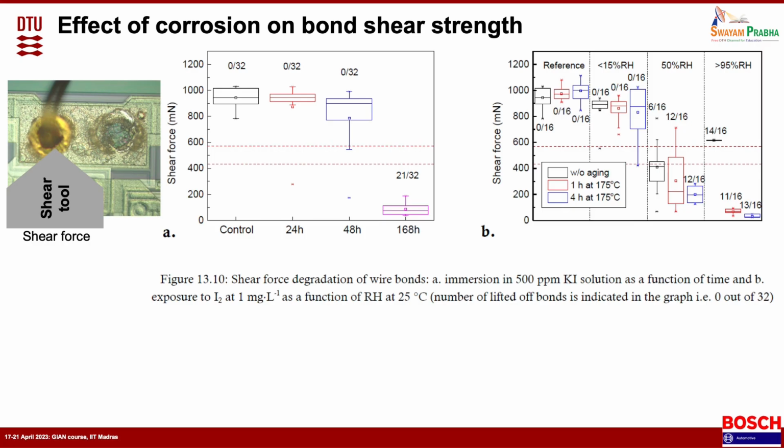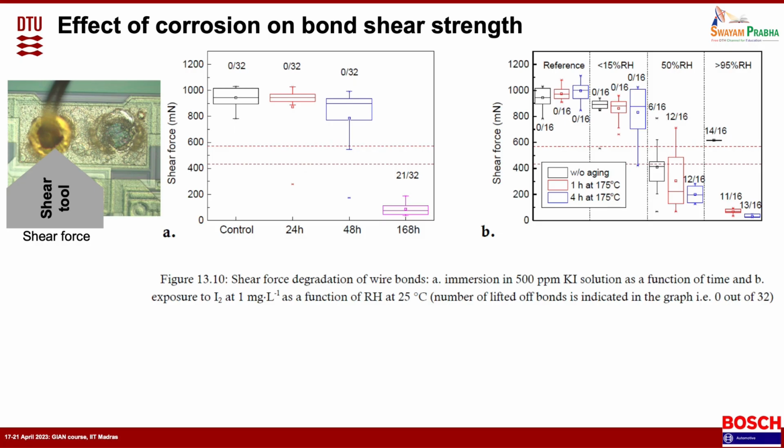We also took the actual component and exposed it to iodine vapor together with humidity, so you can clearly see that effect. So if you have a control sample, when you have that wire bonding, how do you determine the strength of the wire bonding? You do a shear.